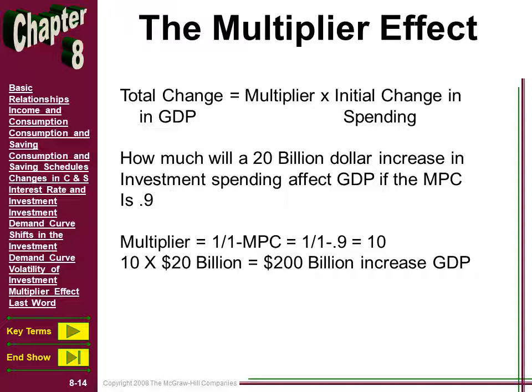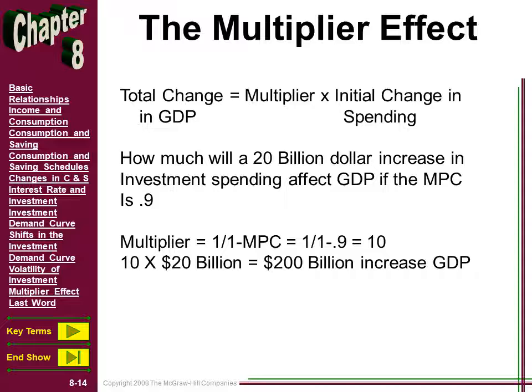The formula tells us that the multiplier equals 1 over 1 minus the marginal propensity to consume. So 1 over 1 minus 0.9, because it tells us the marginal propensity to consume in this economy was 90% or 0.9, equals 10. So 1 over 1 minus 0.9 equals 1 over 0.1. 1 divided by 0.1 equals 10.